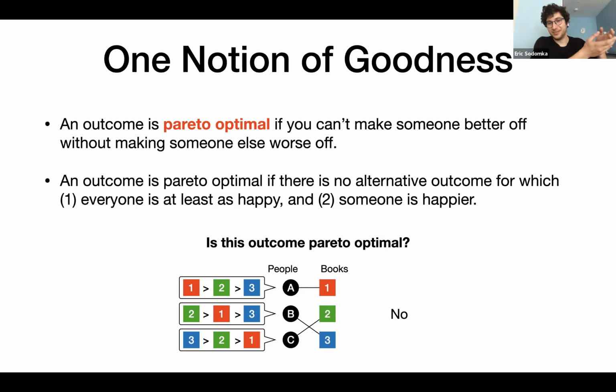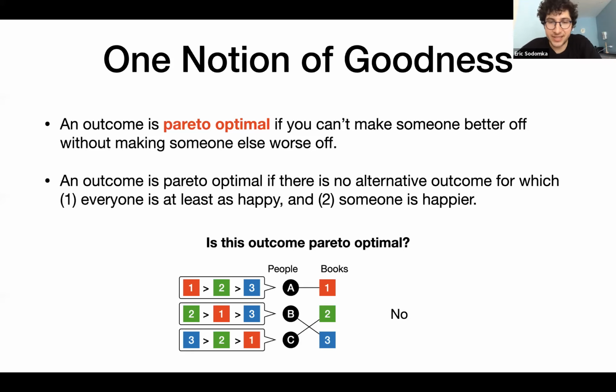They have to say, I prefer the outcome where I get book 1 and B gets book 2 more than the outcome where I get book 1 and B gets book 3. So there's this combinatorial explosion in just expressing what your preferences are. That certainly can be the case, and that leads to some problems for Pareto optimality, for example. So that's a good question.